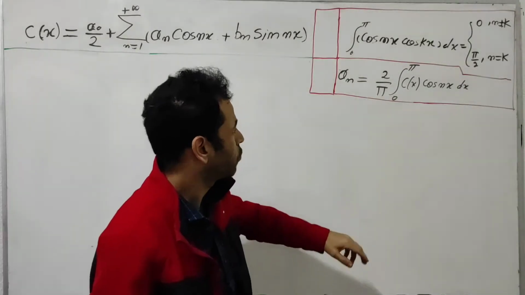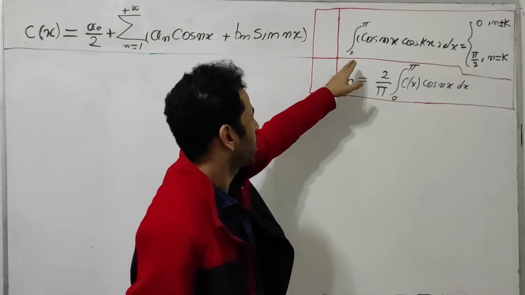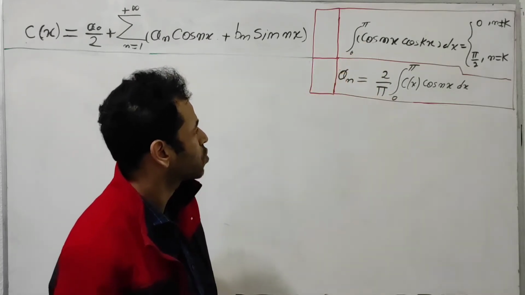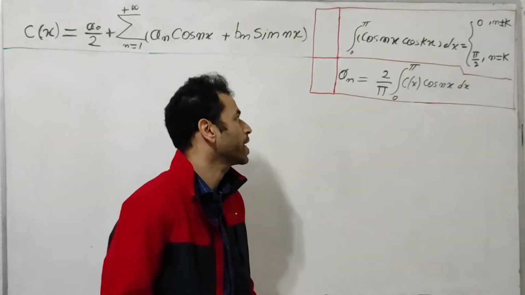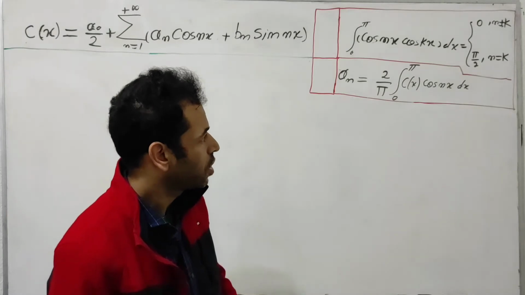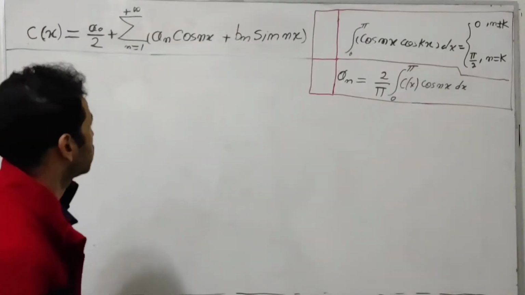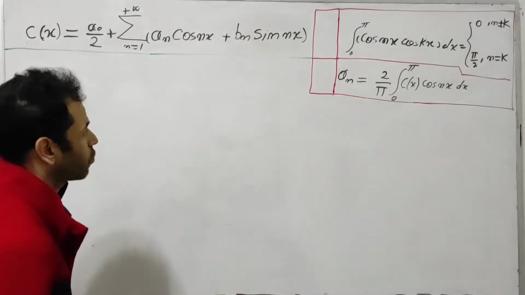So now, before I proceed with the proof, I'm going to show the first identity: the integral from 0 to pi of cosine nx multiplied by cosine kx dx equals 0 if n is different than k, and equals pi over 2 if n equals k. Okay, let's get started by applying the trigonometry formula.